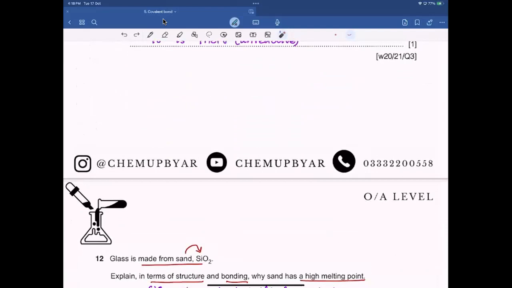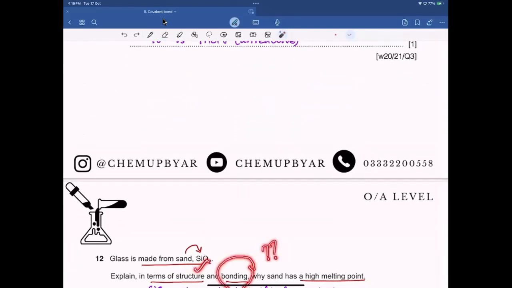Now, who is going to answer this one? Explain in terms of structure and bonding why sand has a high melting point. Because it has a giant covalent structure. Very good. And what about bonding?